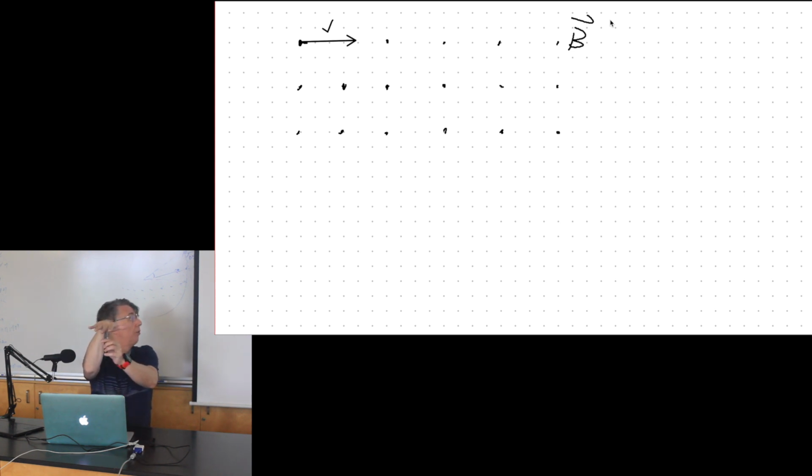Down. So the force is down at that point. Let's do it neatly, just make it a little bit of a short one. So that's F.